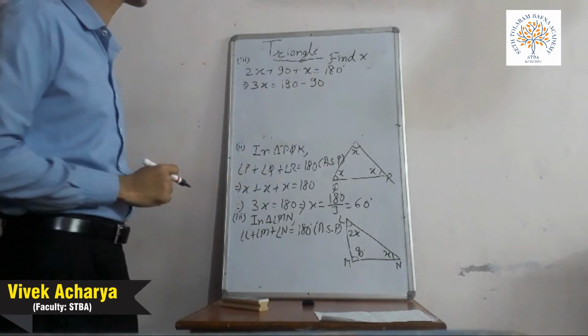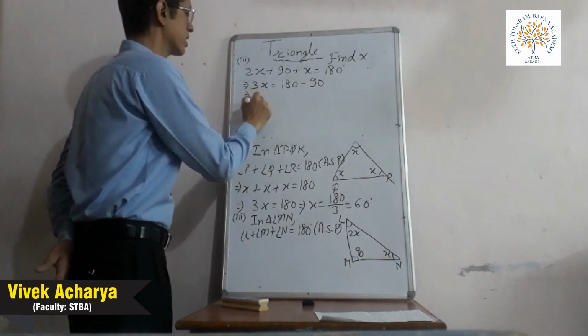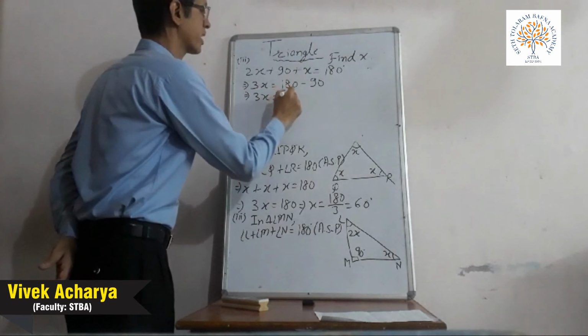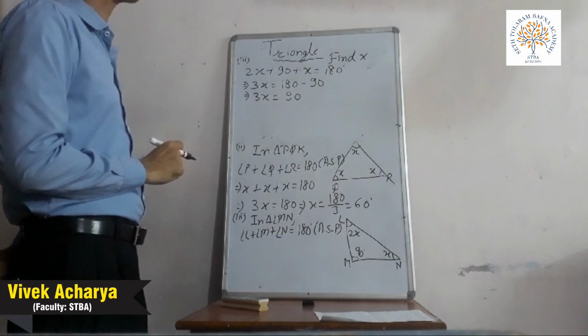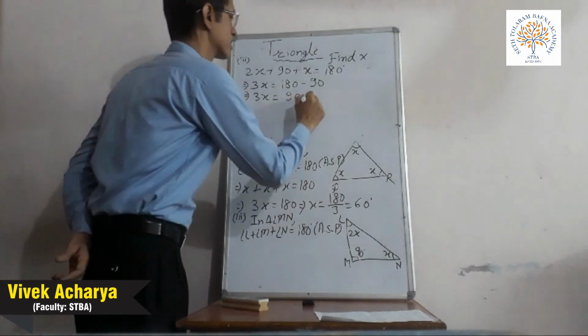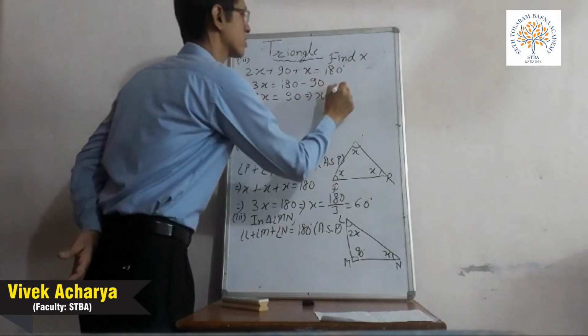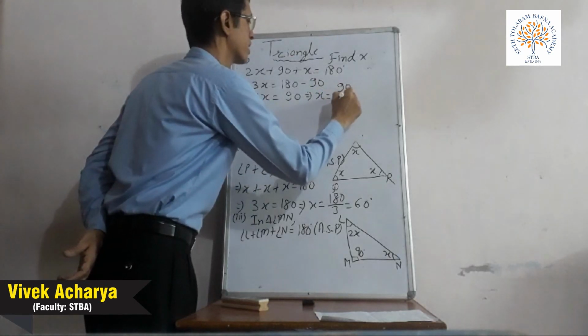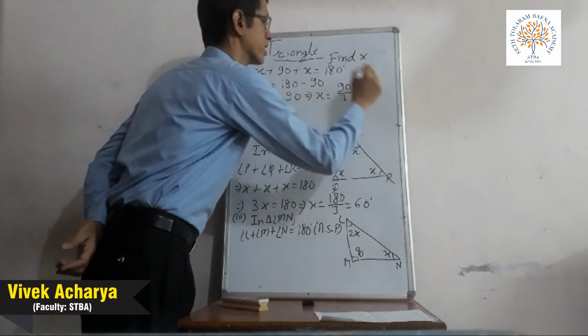So 3x equals 180 minus 90. Now 3x equals 90 degrees. So 3x equals 90. So we can say x equals, by cross multiplying, 90 divided by 3. So we get x equals 30 degrees.